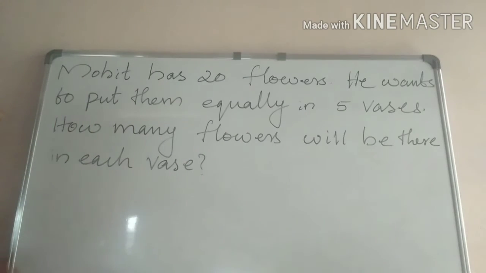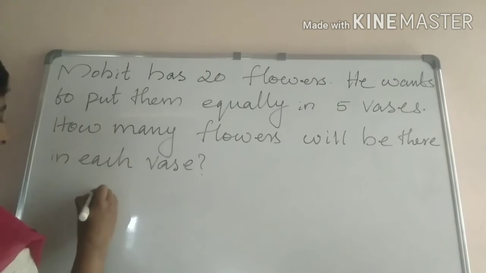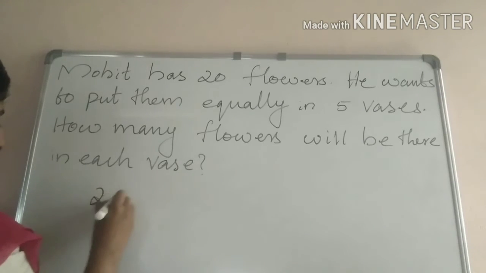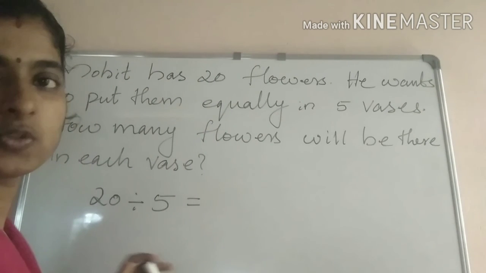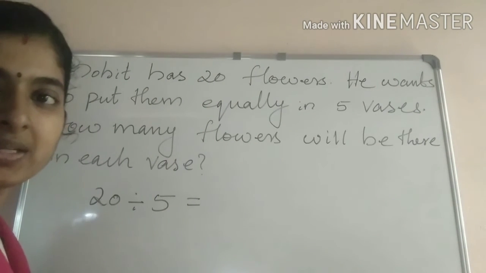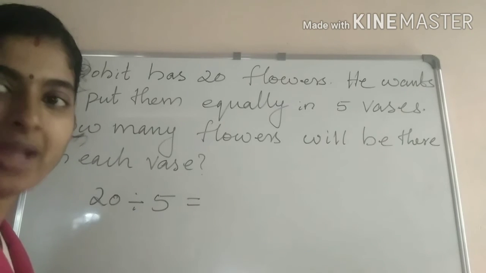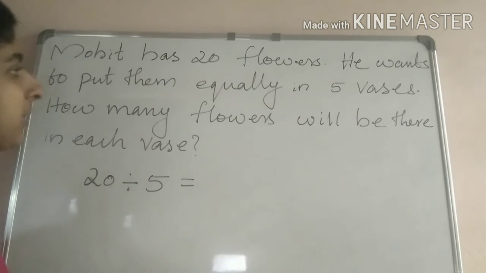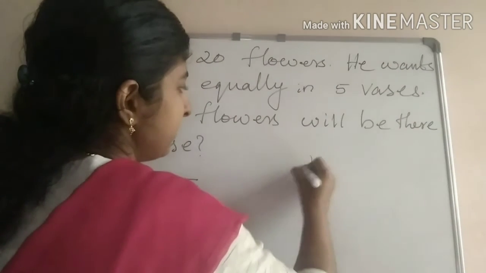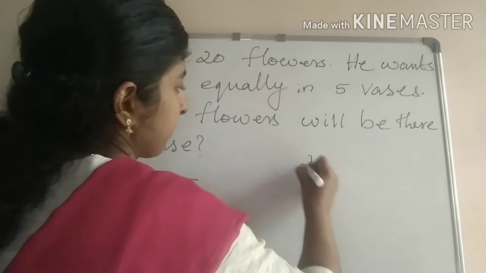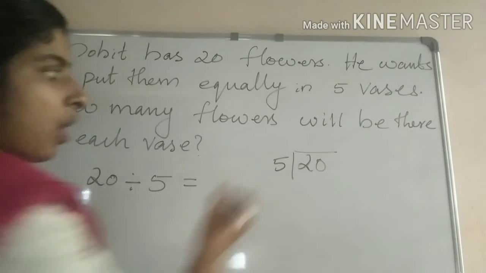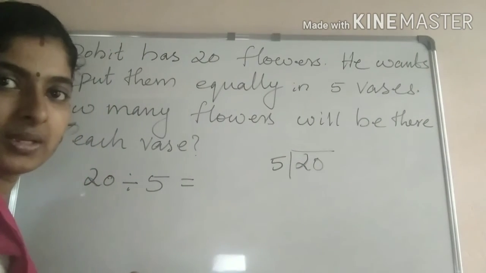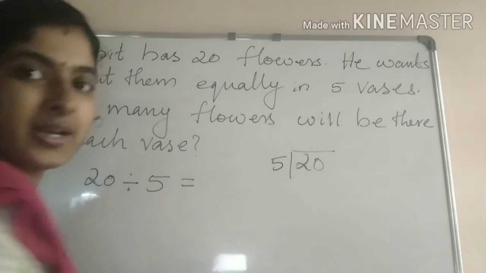See, how to find? This 20 divided by 5. What is meant by vase? A container, a decorative container without handle. That is a vase. Okay. See, 20 divided by 5 is equal to, how many 5s are in 20? 5 4s are 20, isn't it?